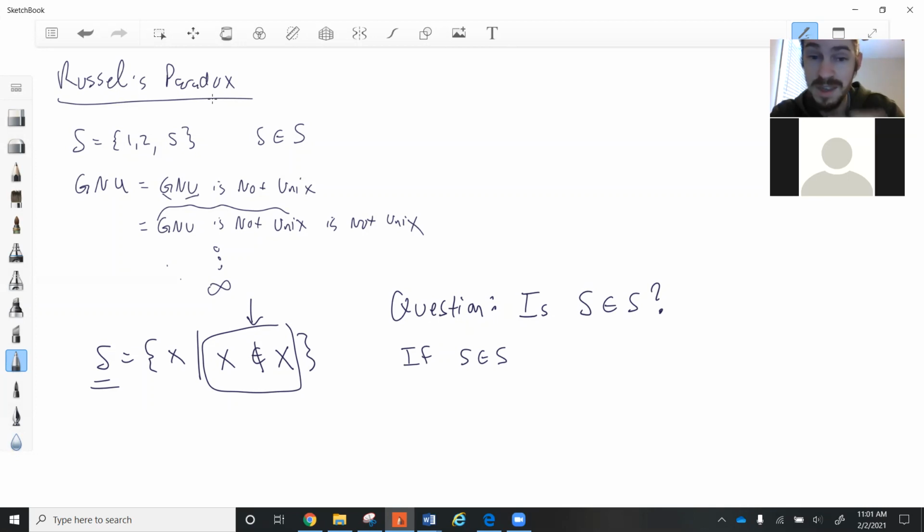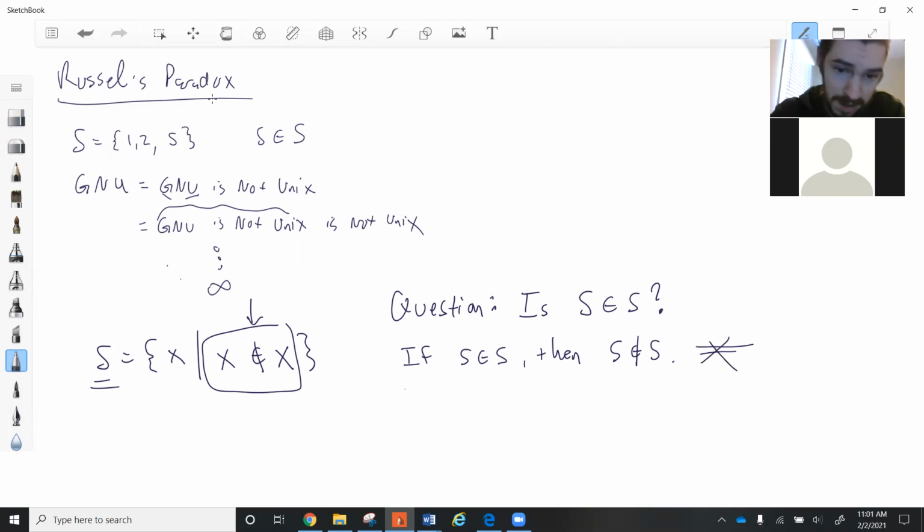It can't contain anything that doesn't satisfy that condition. So this does not satisfy that condition, and therefore S can't be an element of this set. But as you can see, what I just wrote there is a contradiction. If it is an element of itself, then it isn't an element of itself, right? Contradiction. That possibility is not going to work.